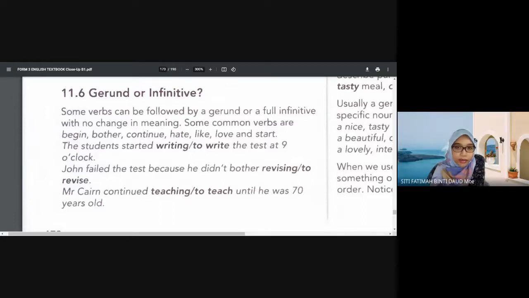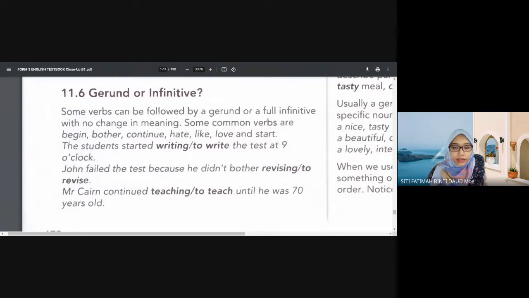Okay, so these are some of the examples you choose. The students started writing, or the students started to write the test at 9 o'clock. So you choose which one is the correct one. John failed the test because he didn't bother revising or to revise.